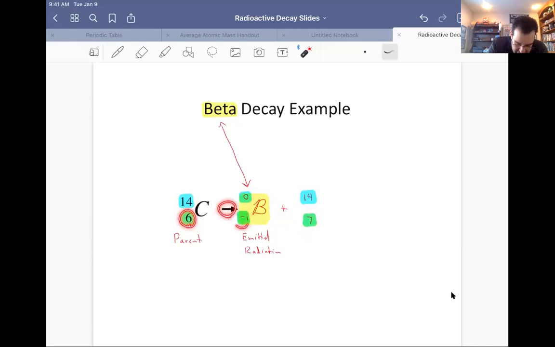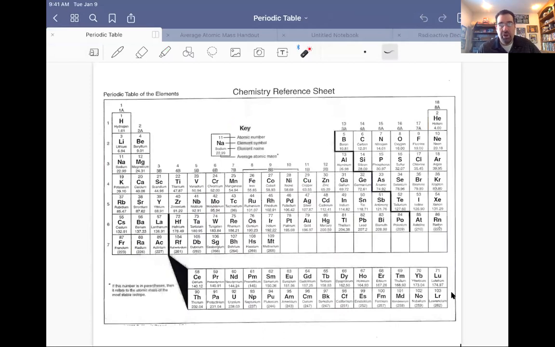Algebraically, the mass number and the atomic number all equal out in these decay equations. The last thing to do is figure out what element has 7 protons. I would go to the periodic table and find atomic number 7. Looks like that's going to be nitrogen.